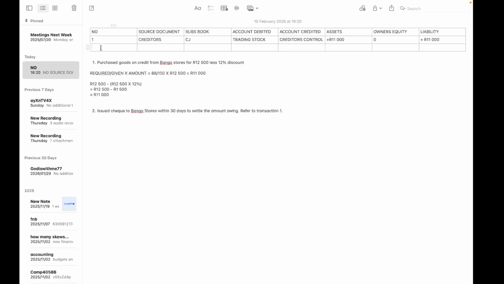So we're gonna come here and write number 2, and then the source document will be EFT, right? And then it's gonna be CPJ because you are paying. Then what's going to be debited? Your creditor's control because it's being reduced. What's gonna be credited is going to be bank because money is coming out of your bank account.